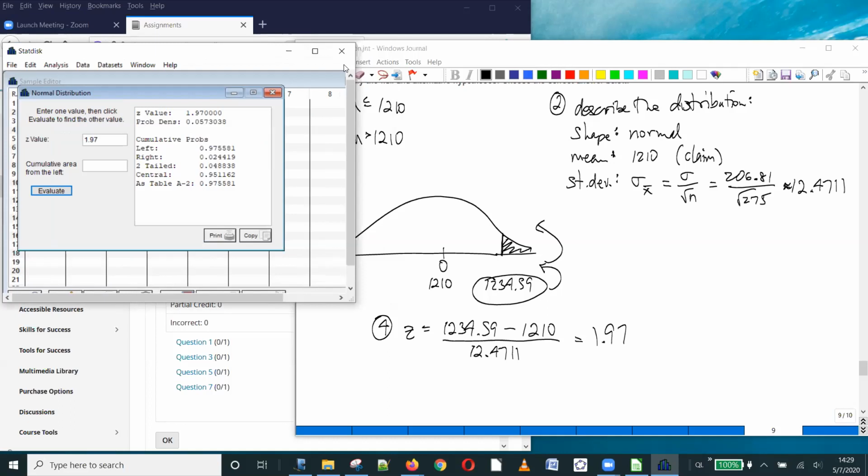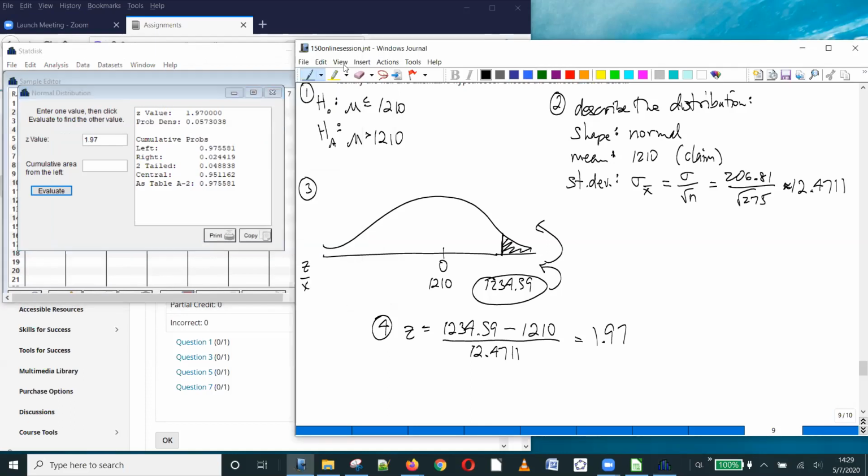So anyway, we have our z-score, and so we can now label our areas. So to the left was 0.9756, and then to the right was 0.0244, rounding to 4 decimal places, which is usually what they ask for here.